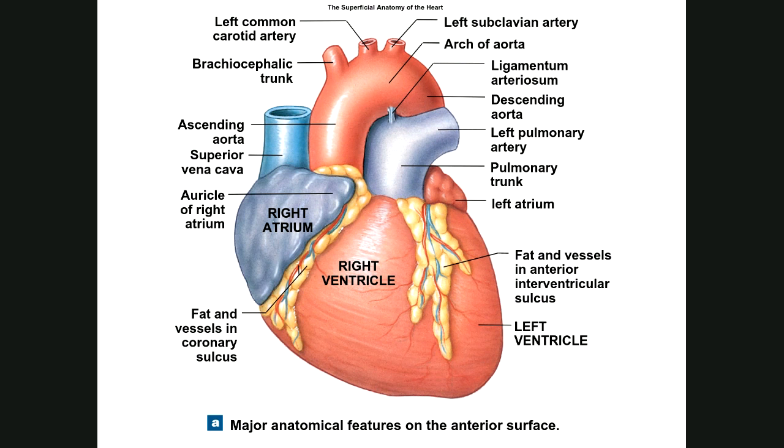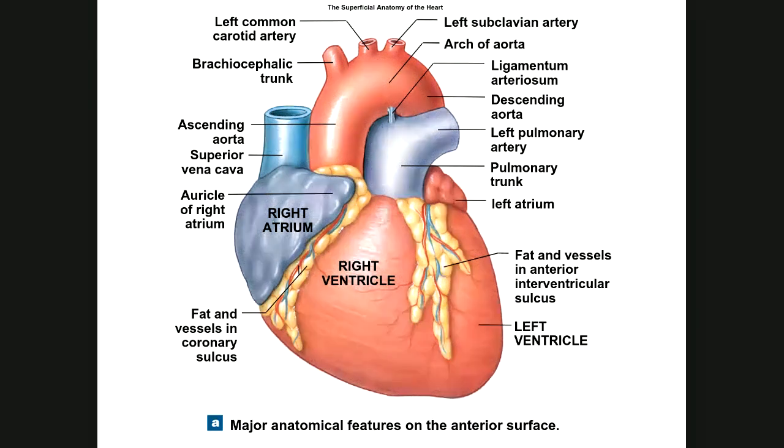So let's see what we didn't talk about. Oh, about those sulcus, those grooves. They are just full of fat and some vessels. We have the coronary sulcus that is actually separating the atriums from the ventricles.